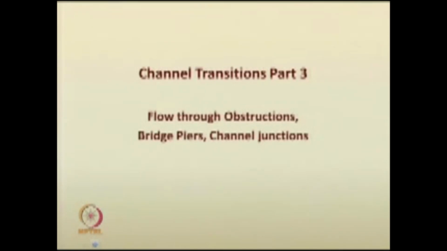That is the difference between an obstruction and a constriction, if you recall. Today we will continue the remaining portion of flow through obstructions, that is bridge piers, channel junctions and some of the other aspects. Right. So, channel transition part 3.